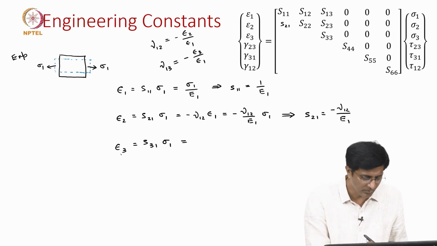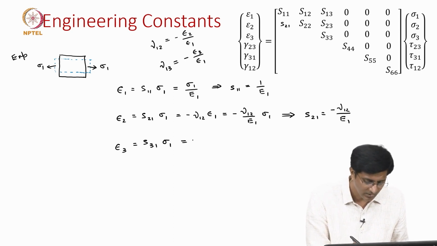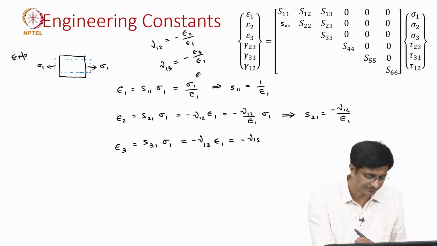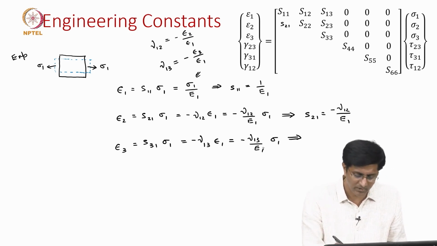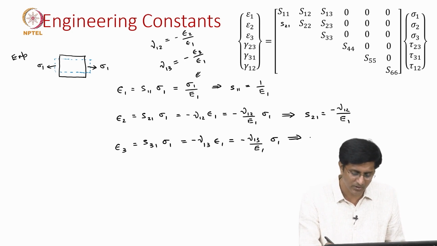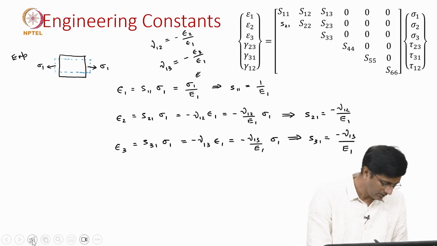So I can write epsilon 3 as minus nu 1 3 times epsilon 1, and again use the definition of epsilon 1. Plugging that in, it is minus nu 1 3 by E1 times sigma 1. Comparing S31 times sigma 1 with this constant times sigma 1, I can write S31 as minus nu 1 3 by E1.